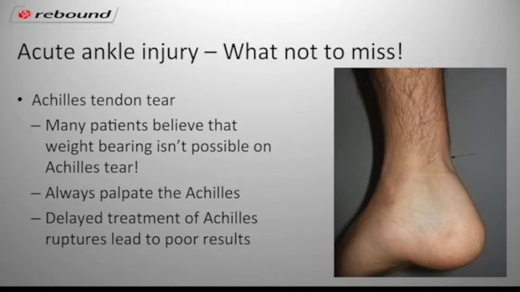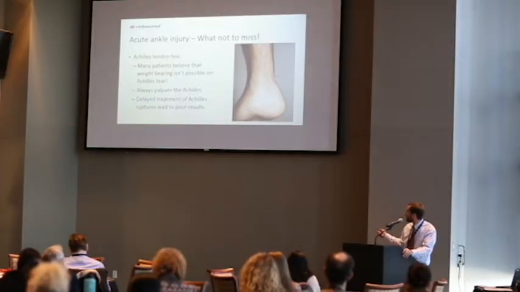I would encourage you to always palpate that Achilles tendon if you see someone in the clinic with kind of a chronic ankle problem. What happens with delayed treatment of these injuries is that the tendon lengthens and then the skin actually will atrophy somewhat around it and leave this kind of dimple in it here.